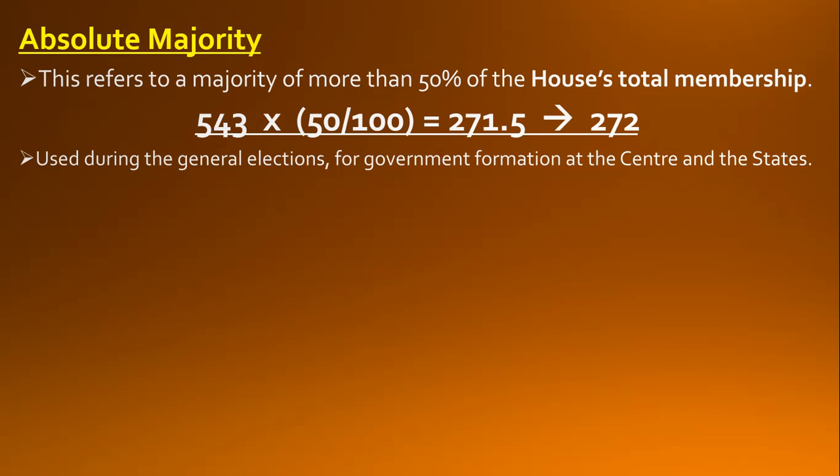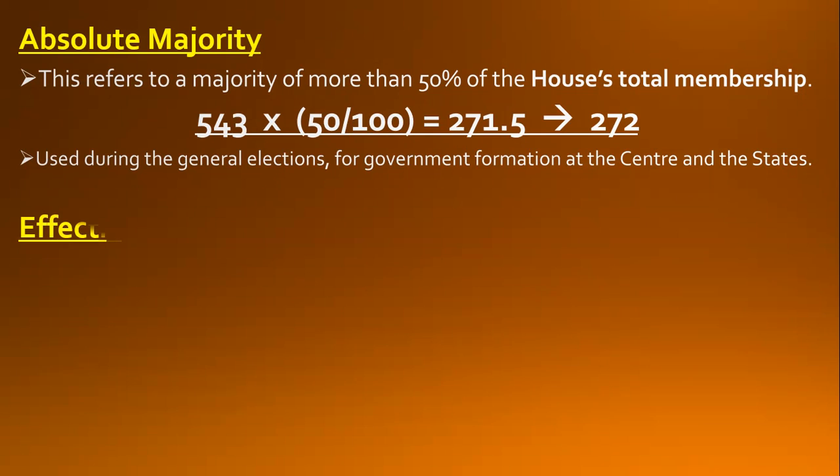The party which has the absolute majority in Lok Sabha will form the government. For example, this time BJP had an absolute majority in Lok Sabha, so BJP formed the government. This means the party should have 272 or more MPs.